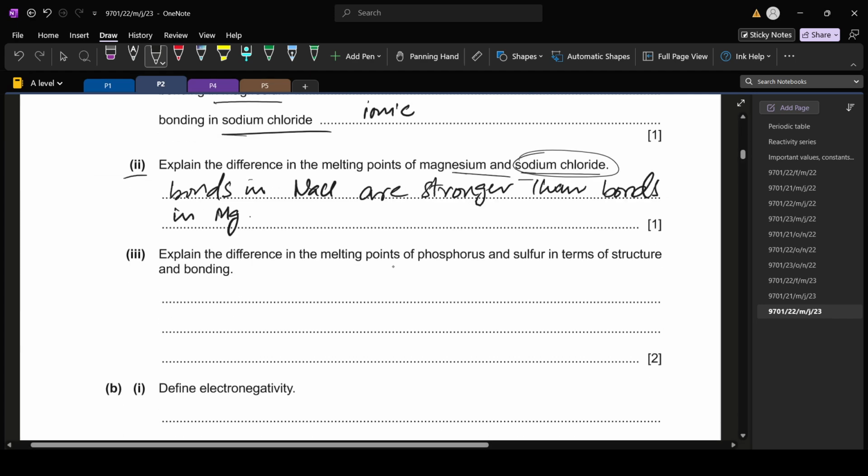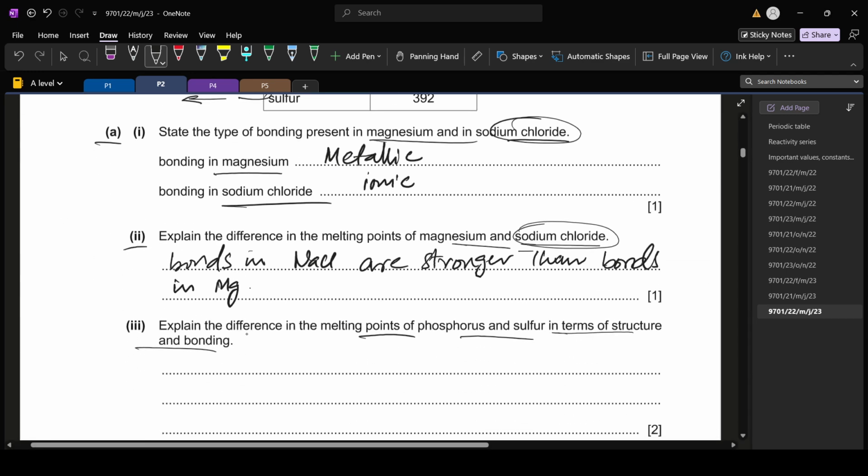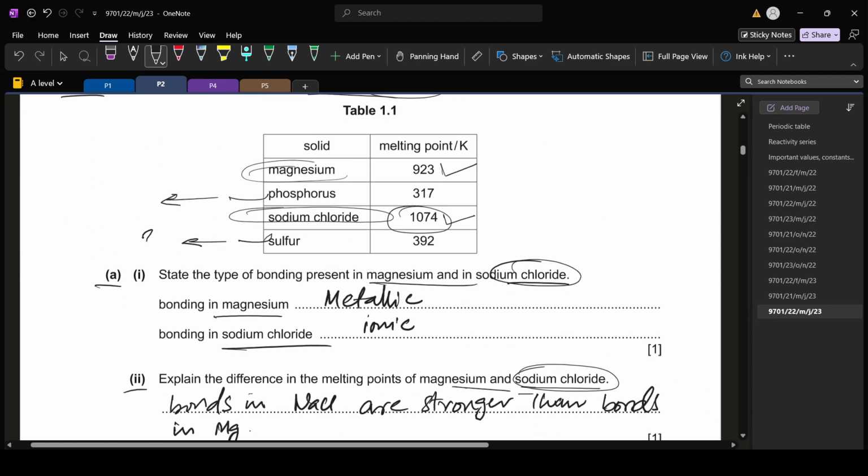Explain the difference in the melting points of phosphorus and sulfur in terms of structure and bonding. This is phosphorus and this is sulfur, and sulfur has the greater melting point. Sulfur exists as S8 and phosphorus exists as P4, so sulfur has more electrons.